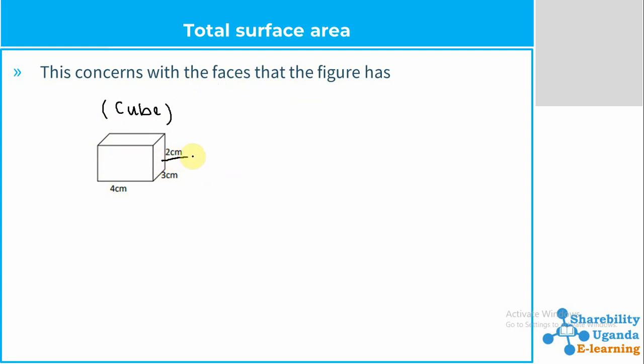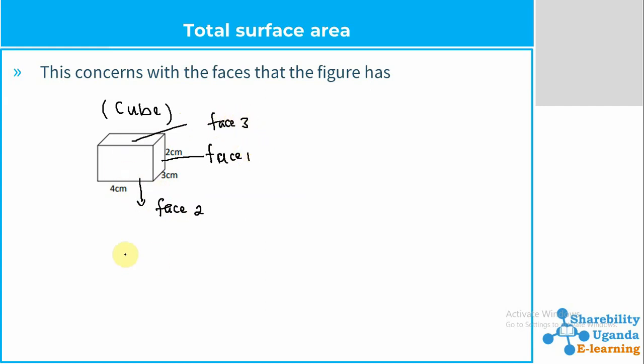This one, we can call it our face 1. Let me write it very well, our face 1. And this one, we can call our face 2. Then this one, our face 3.